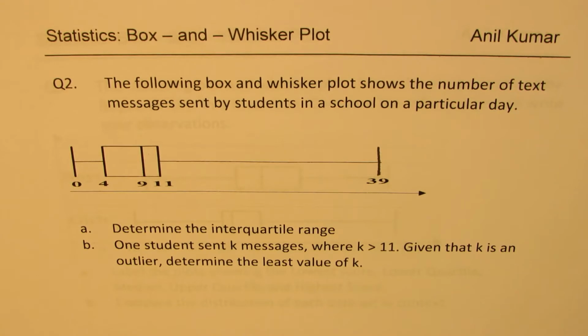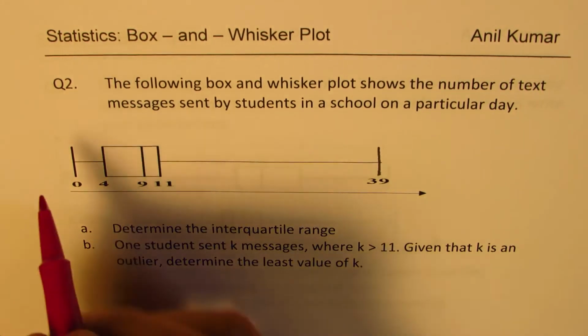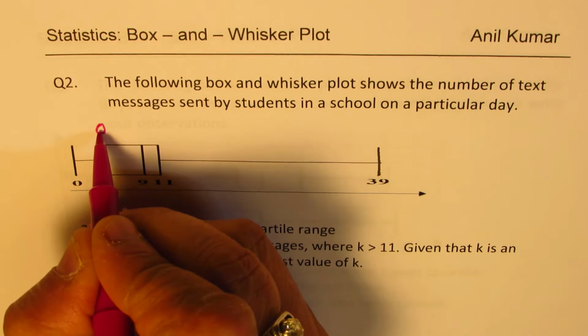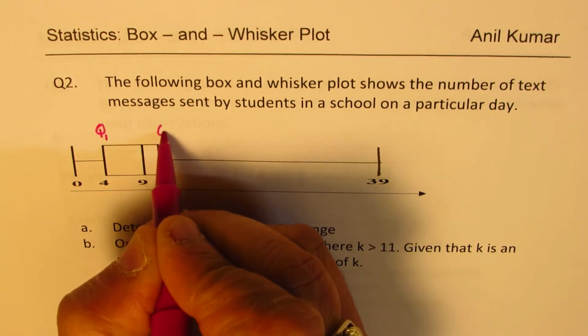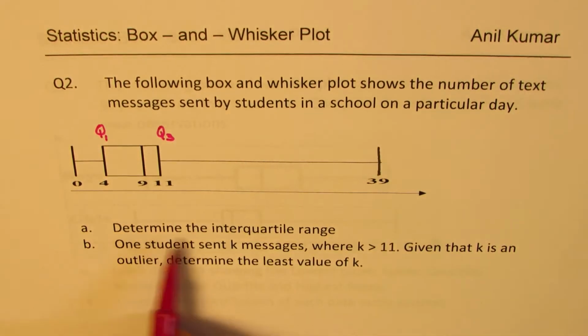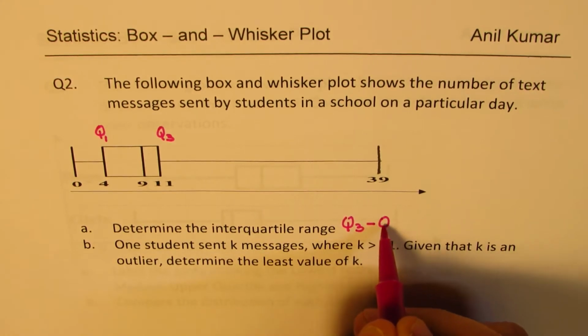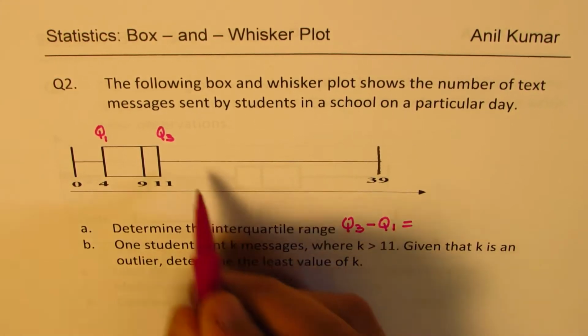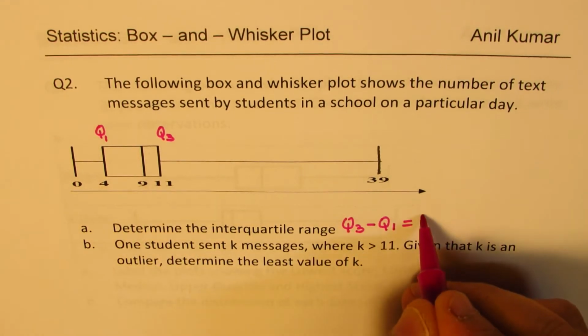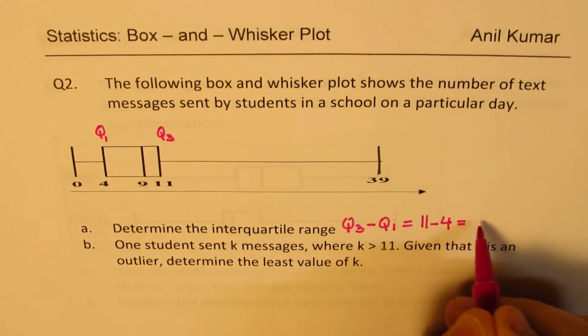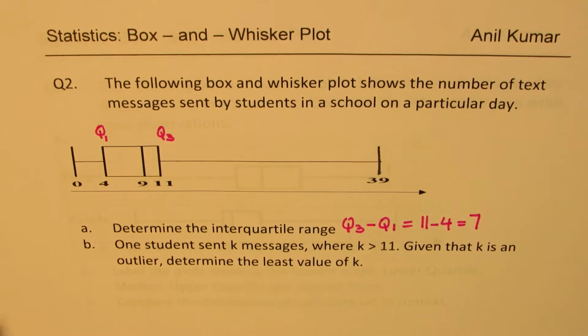It is a difference between Q3 and Q1. So this is your Q1 and that is Q3. So when we say interquartile range, we'll say Q3 minus Q1. So in our case, it is 11 minus 4, which is 7. So in our case, the interquartile range is 7.